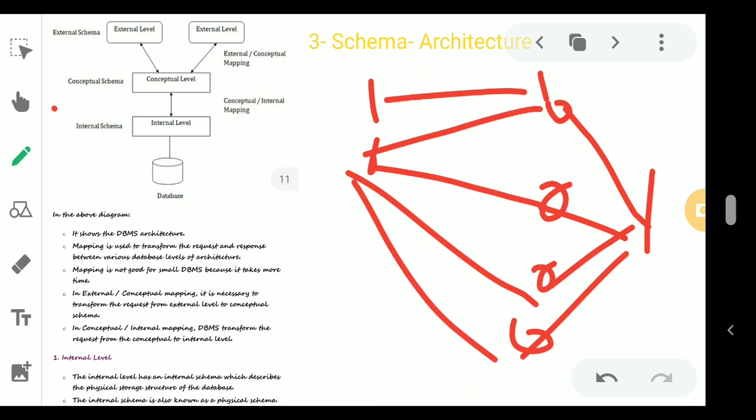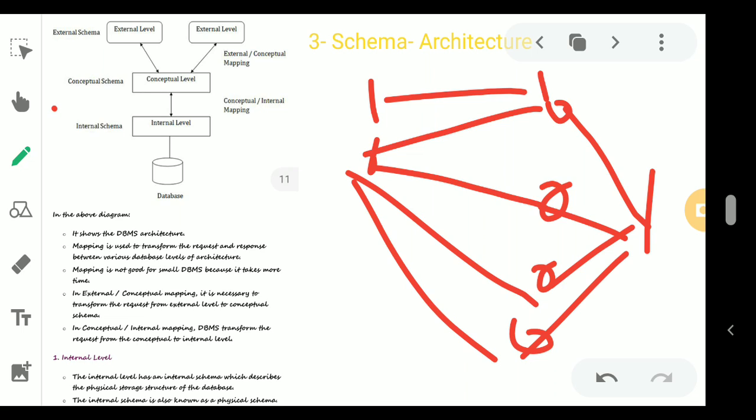In DBMS, the manner in which the actual data is stored or accessed is hidden from the user. That is known as data abstraction. How data is being stored or how it is being accessed, this information is not available to the user. This is known as data hiding, or data abstraction.